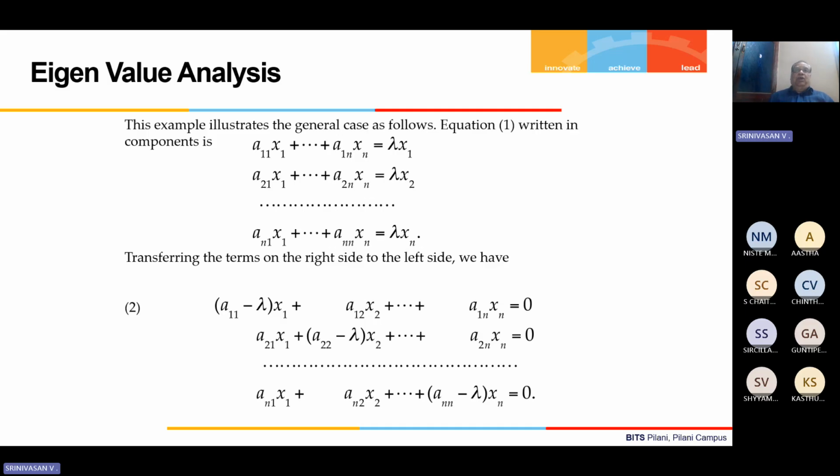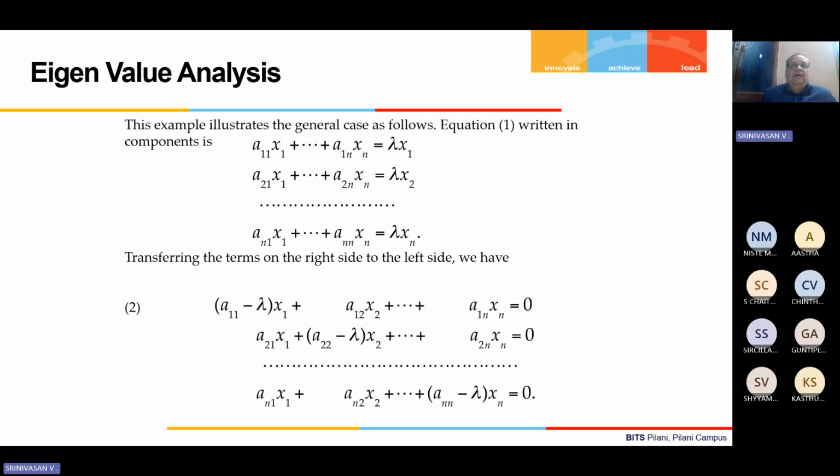Then second, a21 x1 will be as it is, plus the second term, (a22 minus lambda) x2, because on the right hand side you had lambda x2. Only that term changes: (a22 minus lambda) into x2 plus etc. plus a2n xn equal to 0, etc. Finally, an1 x1 plus etc. plus (ann minus lambda) into xn equal to 0.